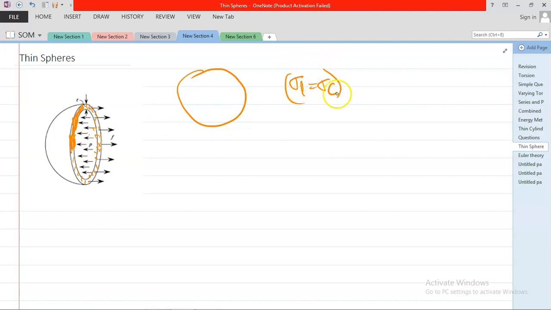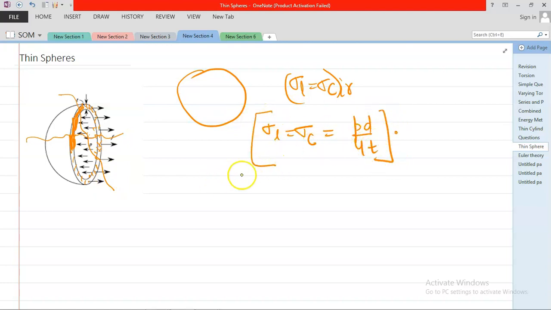So here the longitudinal and circumferential stress are the same. Why are they the same? Because the sphere is symmetric. If you break like this or like this, it would be the same. So sigma longitudinal equals sigma circumferential is equal to PD by 4T.